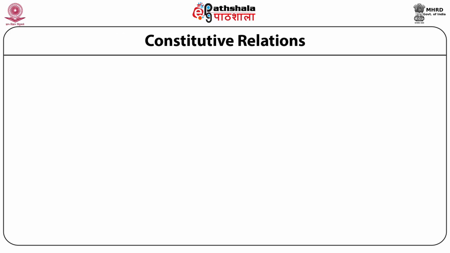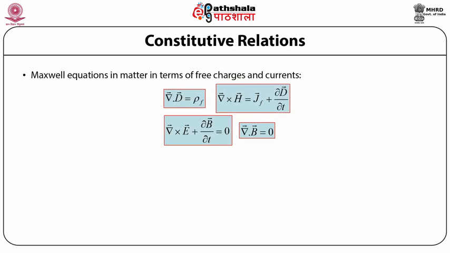Constitutive relations. Now let us write down the Maxwell's equations in matter in terms of the free charges and the free current densities. So the first of the Maxwell's equations, which is essentially Gauss's law, is modified as the divergence of the electric displacement vector D is equal to the free volume charge density rho_F.